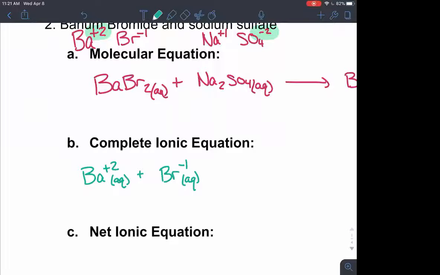No. So careful, one thing to remember is that this 2 down here, we need to tell me that now that we have 2 sets of those. So we got to put a 2 in front of our Br. Okay. So now let's do the next one.